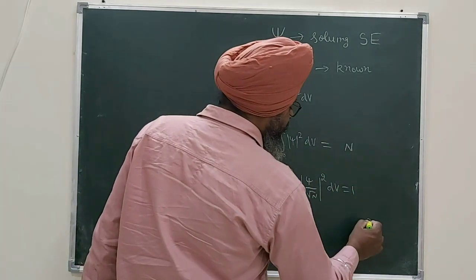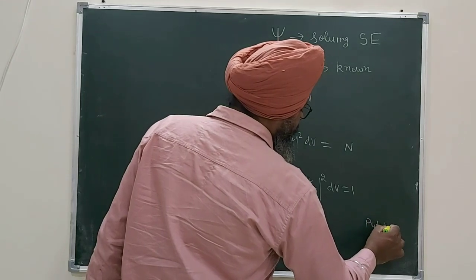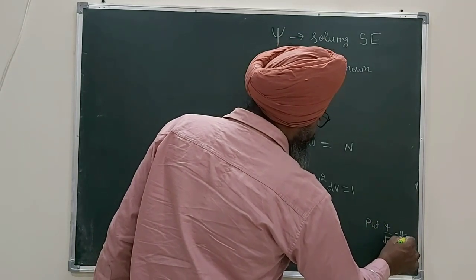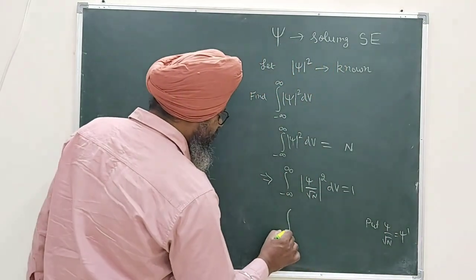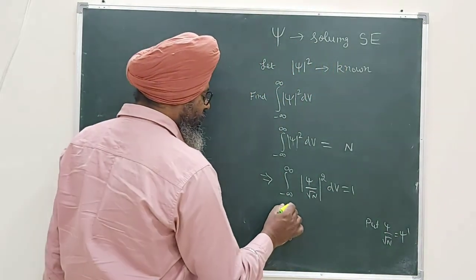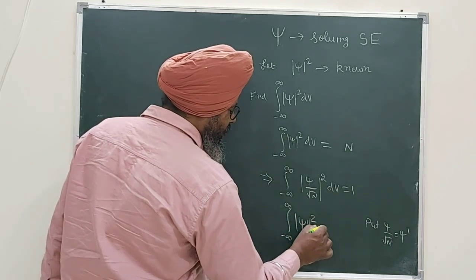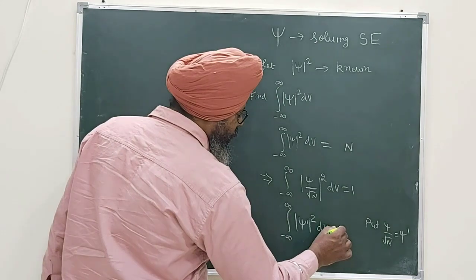Now I can put psi divided by square root of n as a new wave function psi dash, so that this equation becomes integral from minus infinity to plus infinity of psi dash magnitude square dv is equal to 1.